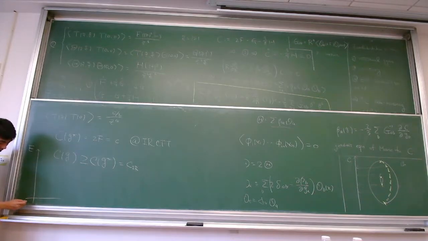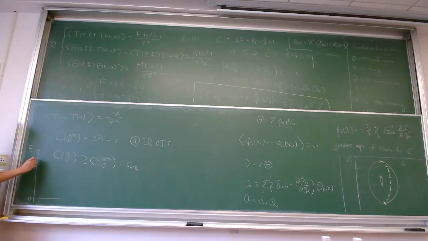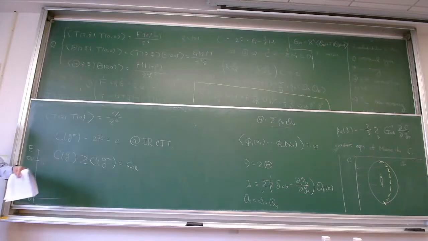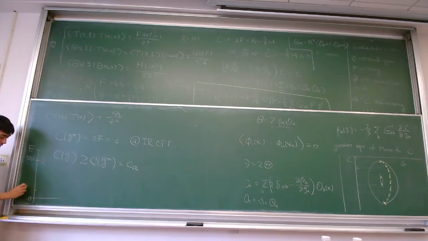So let's call it 0 maybe, and you start with high energy UV, which is 1 over a. So we start with a lattice of size a, and you just do the coarse graining, and then you go to IR, 1 over R.